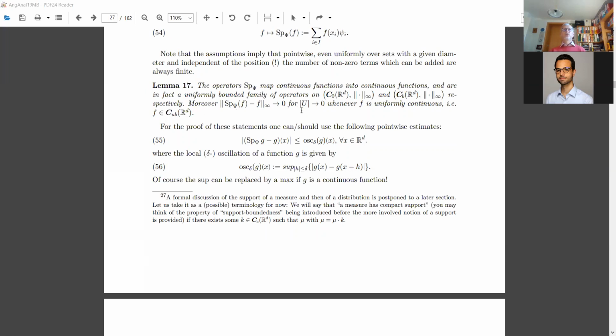Okay, so we have to prove this, or at least find an argument why this is highly plausible. Now, the key estimate is actually a pointwise estimate.